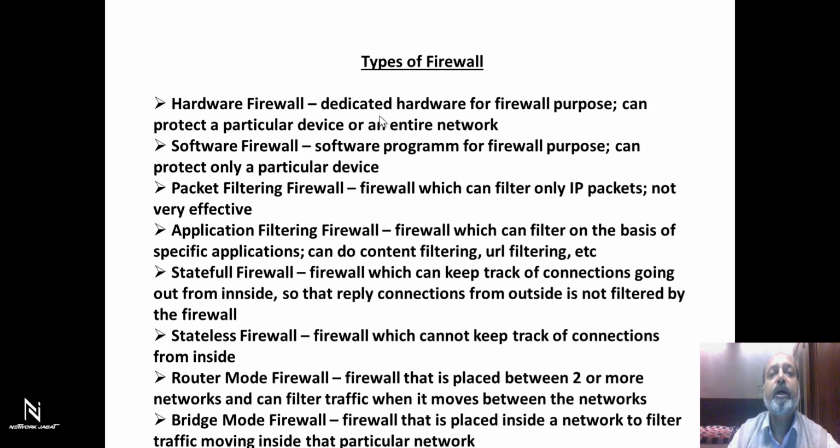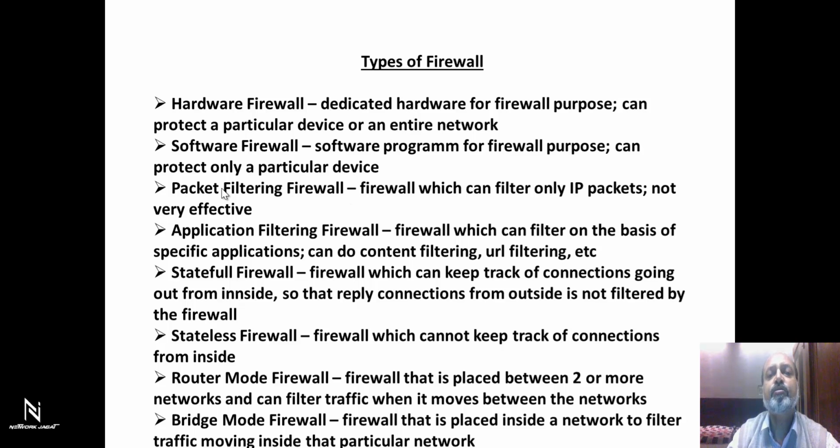So hardware firewall is a dedicated hardware for firewall purpose and can protect a particular device or an entire network. Little while ago, I discussed that you can make your ASA a dedicated firewall for a specific server, or you can provide a perimeter security by using your ASA firewall. So this is the beauty of hardware firewall, where they can serve these two purposes.